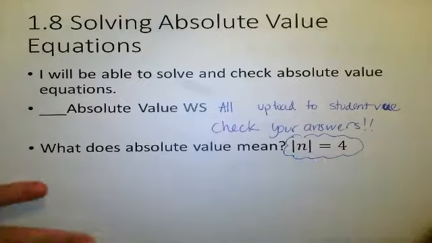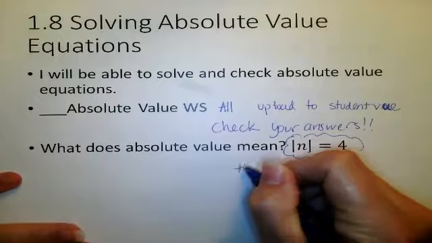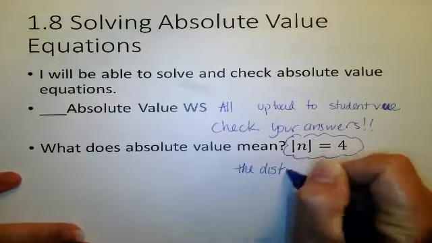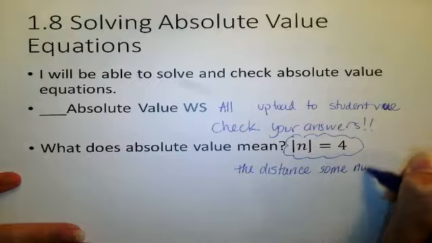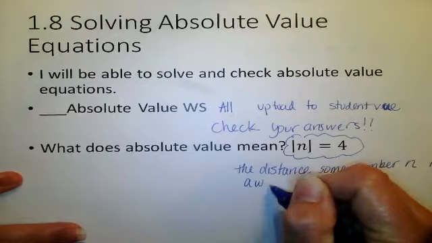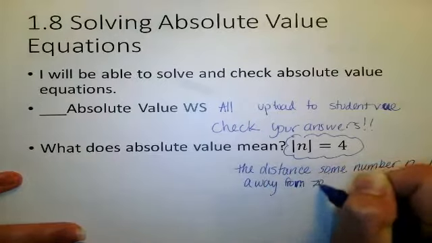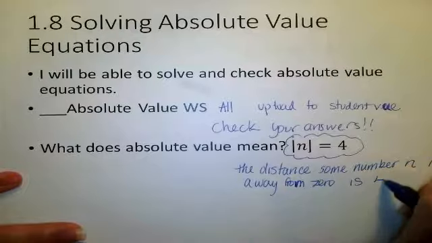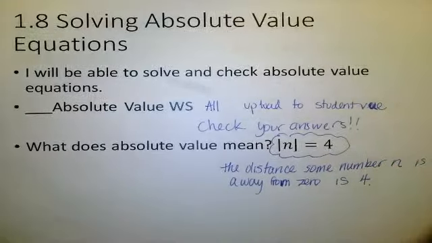Well, absolute value really says, in words, this really means the distance some number n is away from 0 is 4. The distance some number n is away from 0 is 4.